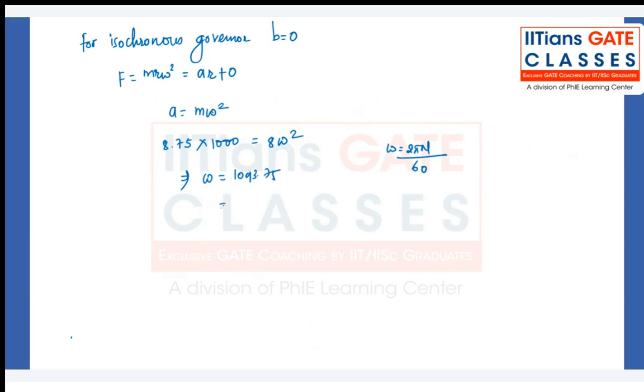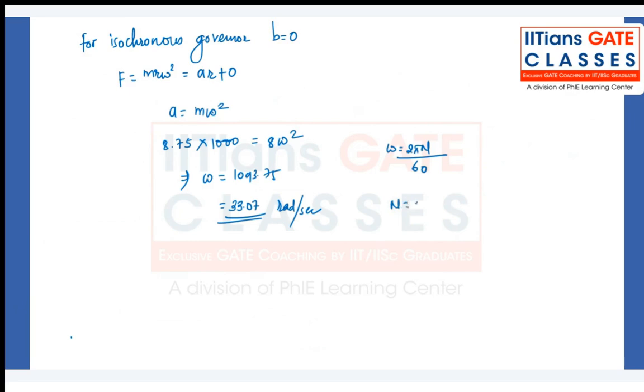Which is 33.07 radian per second. So multiply by 60 divided by 2 divided by pi.